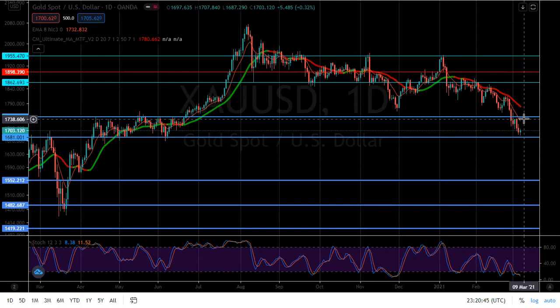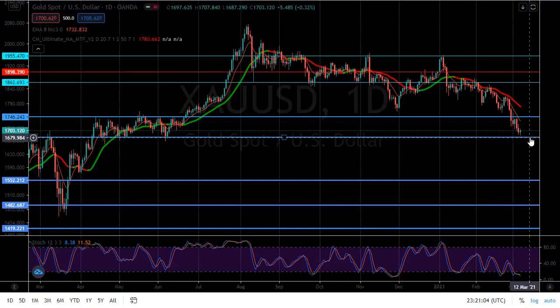What we're looking for is a test of structure and moving to the downside, and to go as low as the 1680 area. I just want to go beyond that. I'm looking for the same price retrace around the 1675 area.